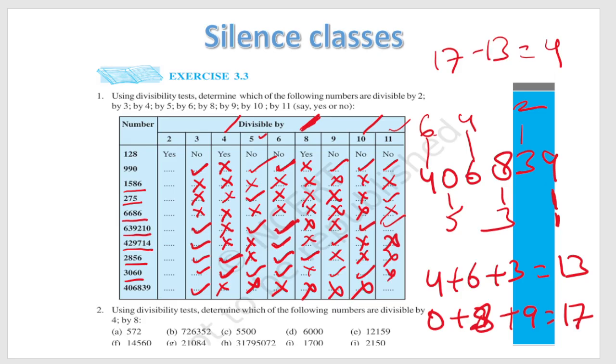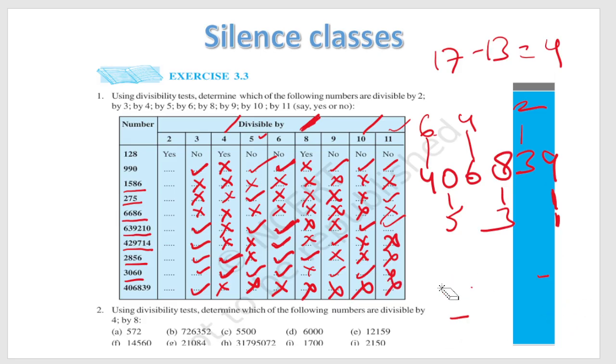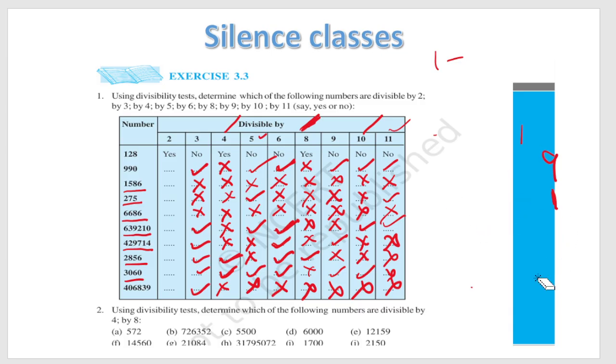So this number is also not divisible by 11. I hope you guys understood. So question number 1 of exercise 3.3 is completed.